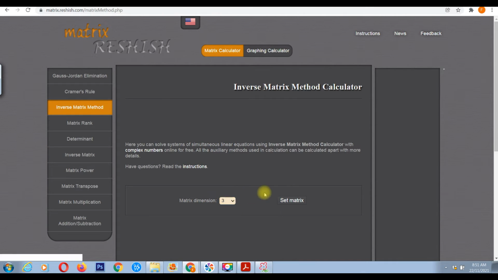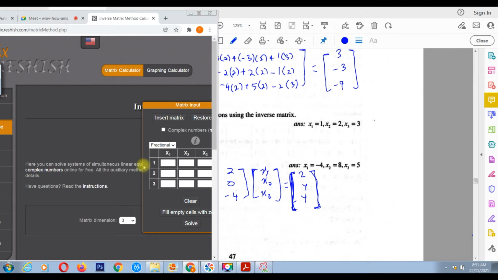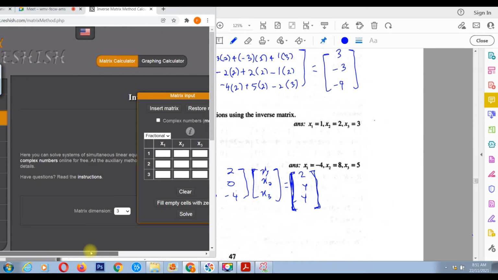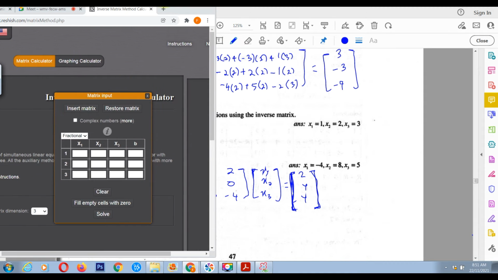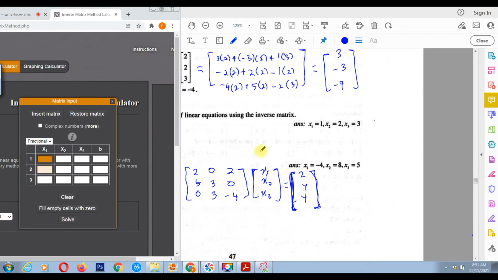We have a 3 by 3 matrix. What is the value here? We will have 2, 2, 0, 0, 2.